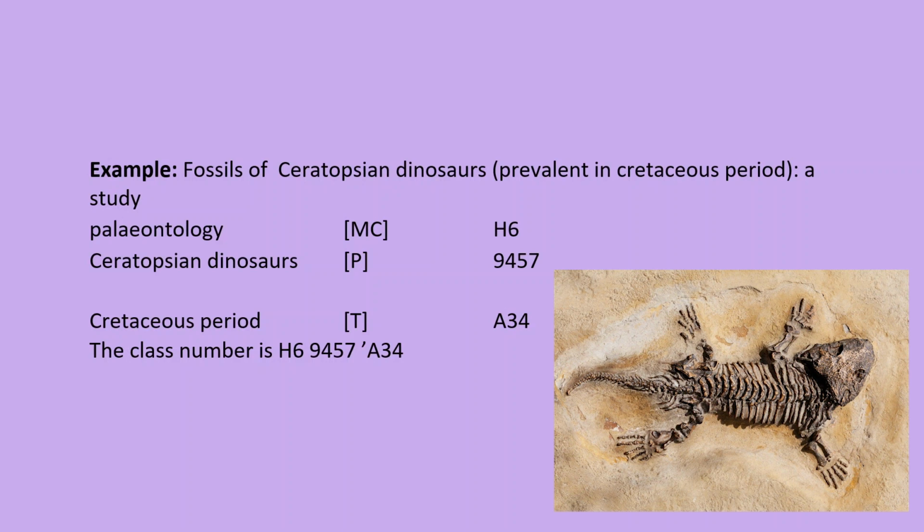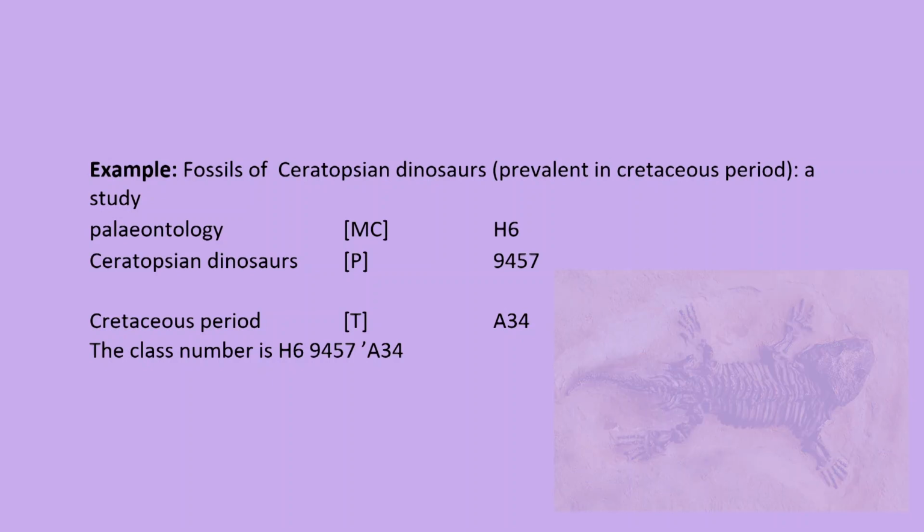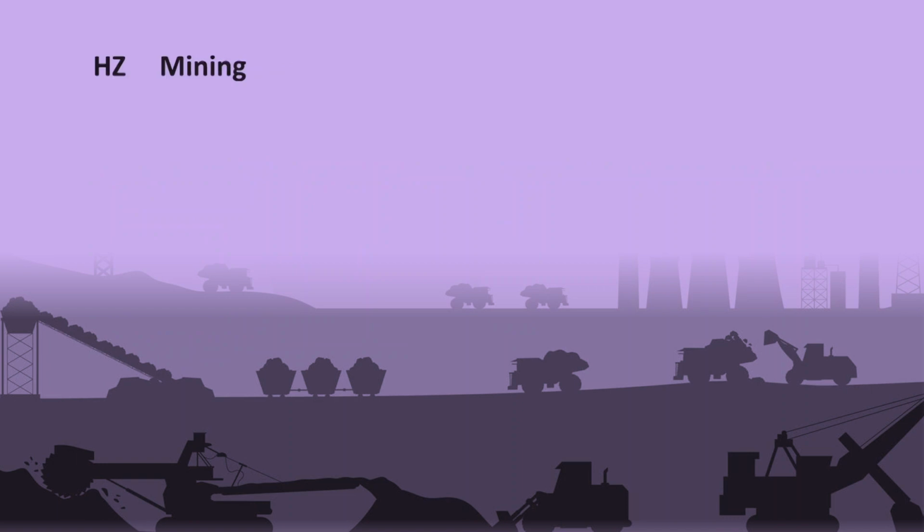Here we get the notation for the Cretaceous period as A34, and A is taken replacing H5. So the class number is H69457 apostrophe A34.